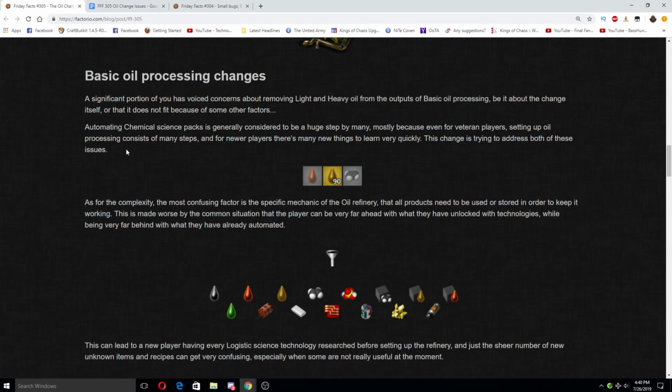That would piss me off a lot more and be a lot more frustrating than having to deal with the extra two liquids from the get-go. Yeah, I would prefer to get all of the complexity up front and be like, oh, wow, how am I going to set this up to begin with? Rather than getting the baby step of setting up a refinery and then finding out that I did it wrong when I unlocked the next tech. Right, exactly.